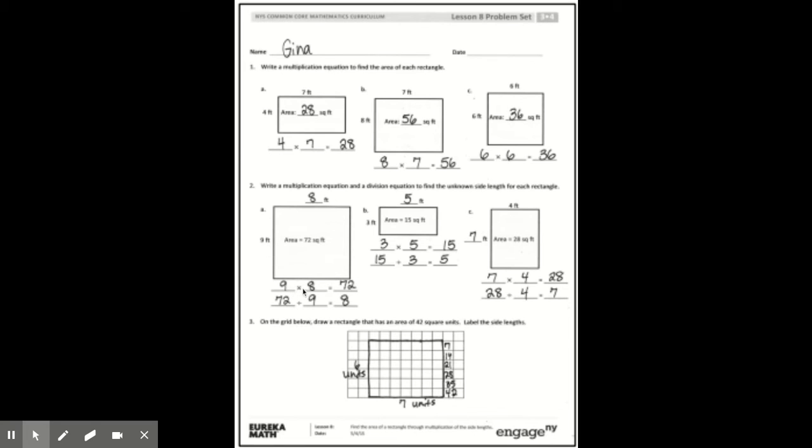So it would be 9 times what equals 72. So if you weren't sure that the answer was 8, you could count by 9s until you reach 72 and see how many 9s you had. You could draw an array to get to 72, but it's 9 feet times 8 feet equals 72 square feet.